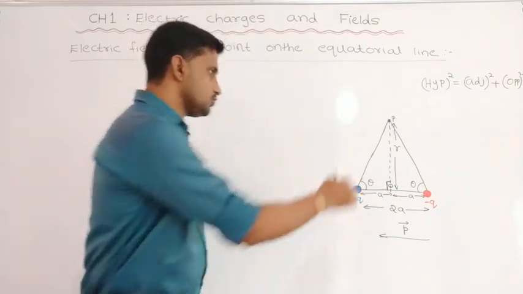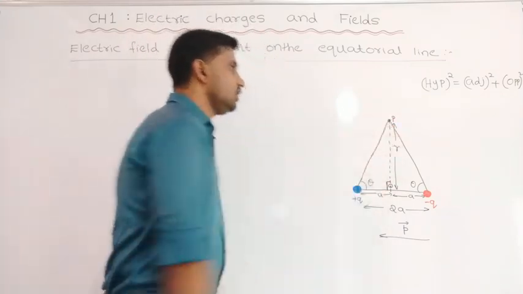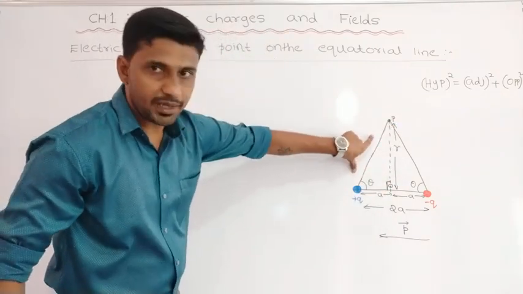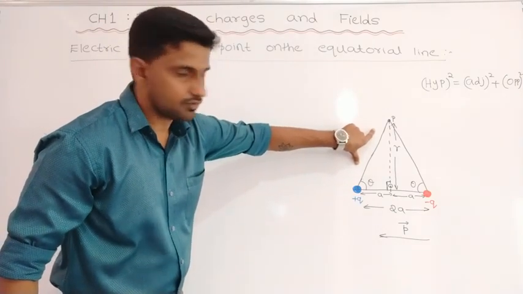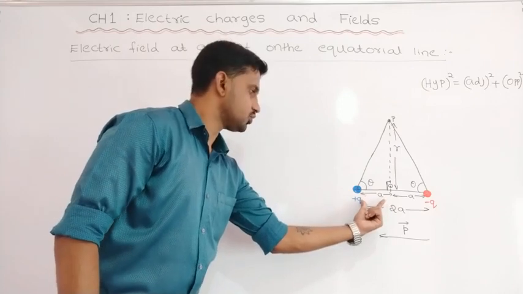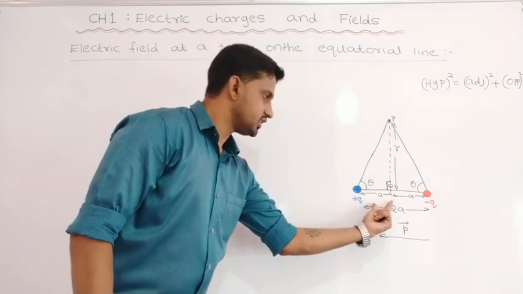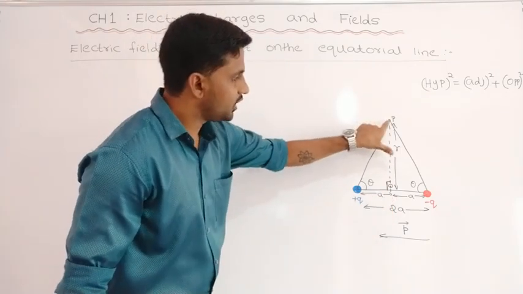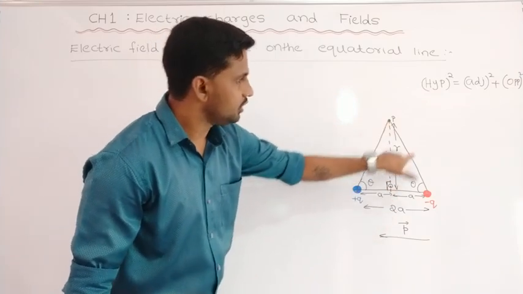If you observe in this right angle triangle, this one is the hypotenuse square. I want the distance of this one. Then adjacent is this one, from the positive charge to center O, that is the adjacent side, and from point P to O, that is nothing but the opposite side.